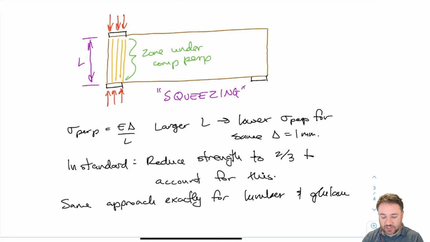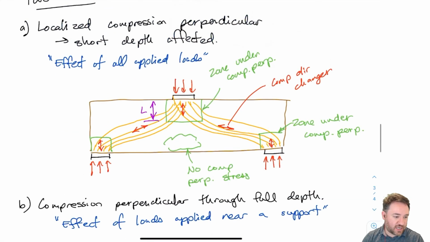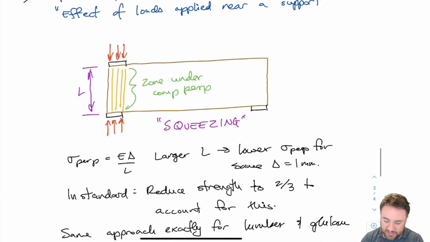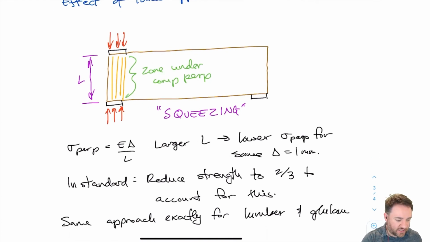So if I don't have the squeezing, if I have a case like this, I don't apply the 2/3 reduction. If I do have the squeezing, I have a case like this, then I'm going to apply that 1/3 strength reduction. And it's easy as that. So I just have to be able to recognize when we're in a situation that we're encountering that squeezing force.